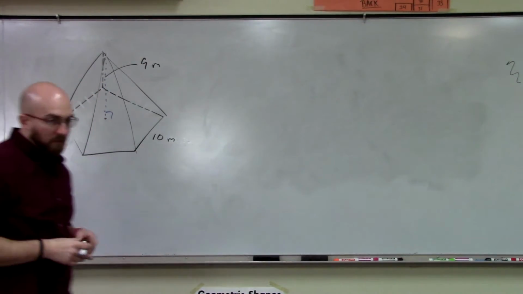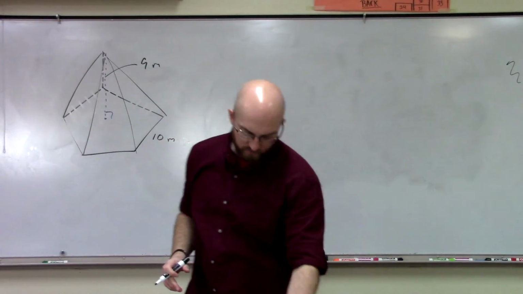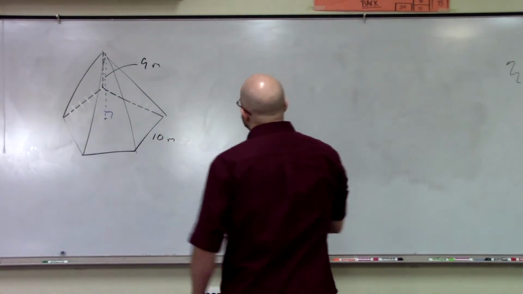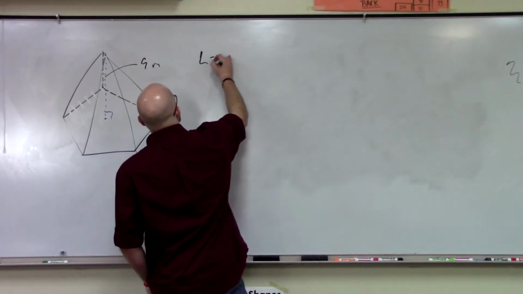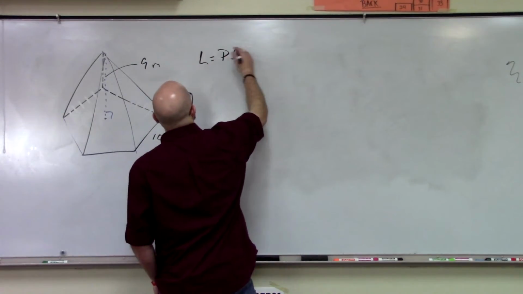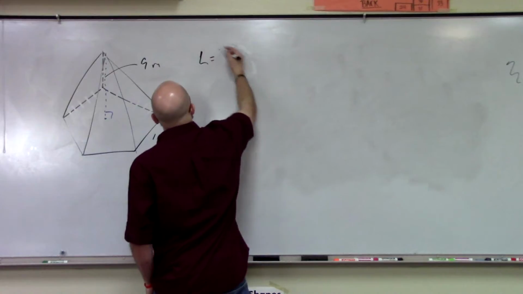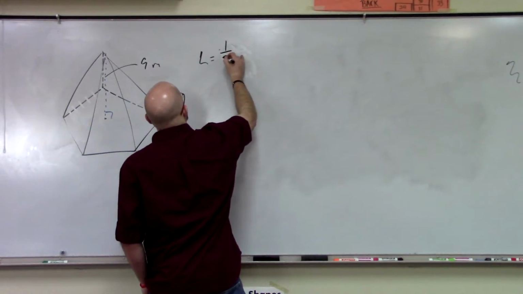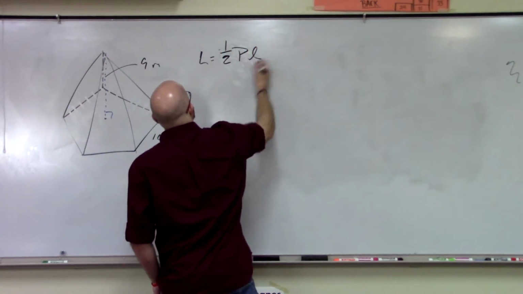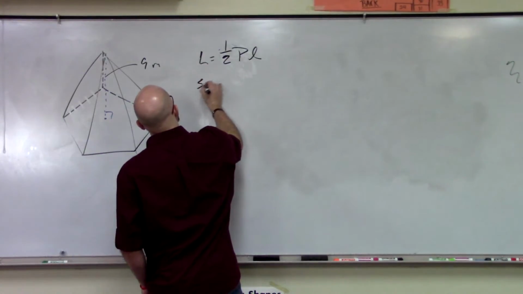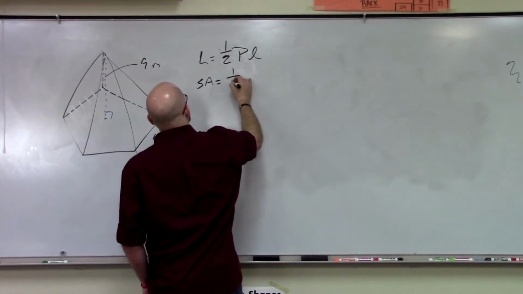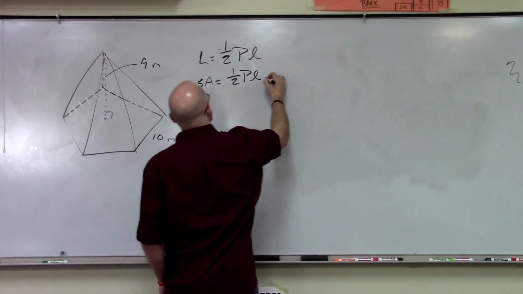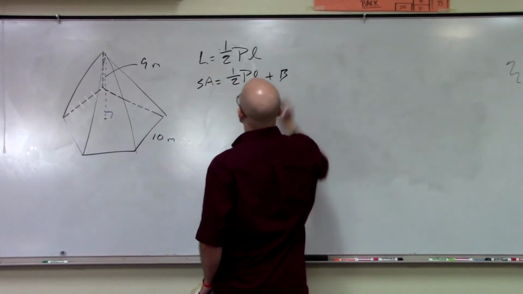All right. So let's go ahead and find the lateral area and surface area of this. Again, lateral area of a pyramid is 1/2 perimeter l, and surface area plus base.